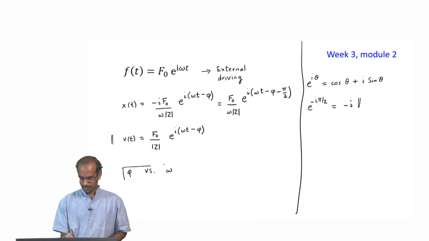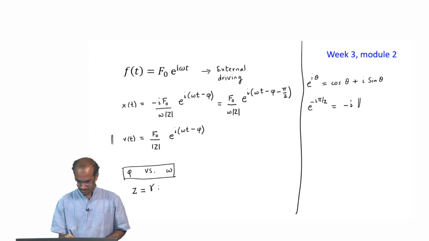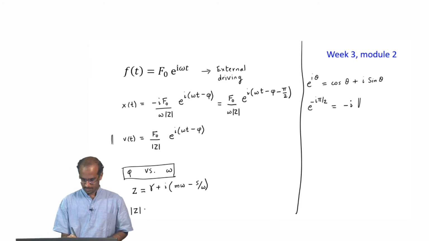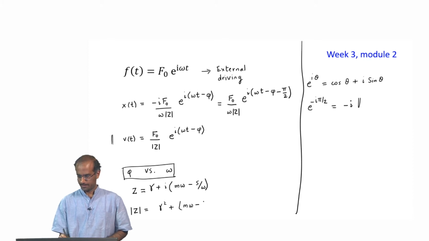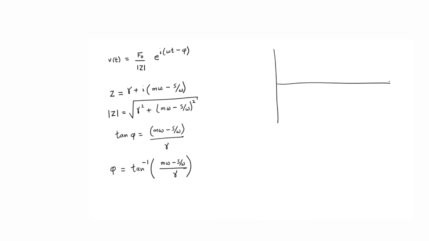We need to know what z is, and z is gamma plus i into m omega minus s by omega, and the modulus of z is equal to the square root of gamma square plus m omega minus s by omega whole square. So, let us see first what would be the range of phi.